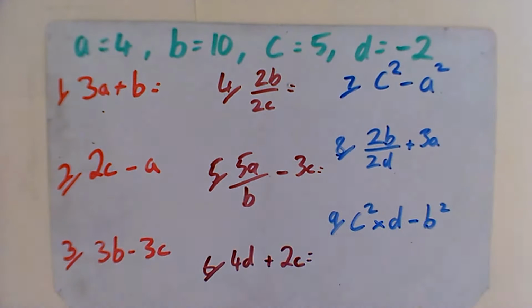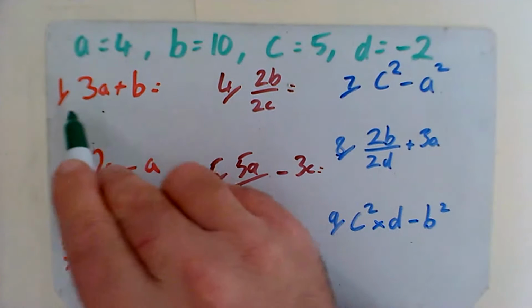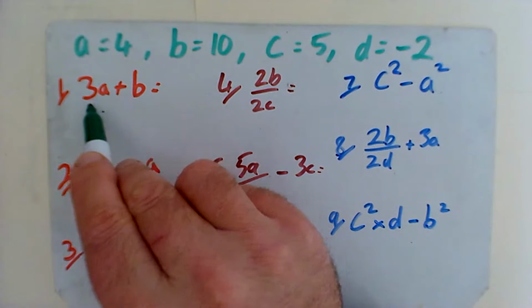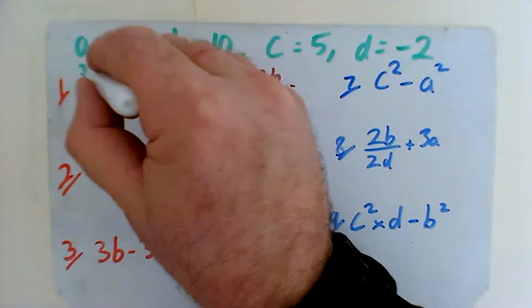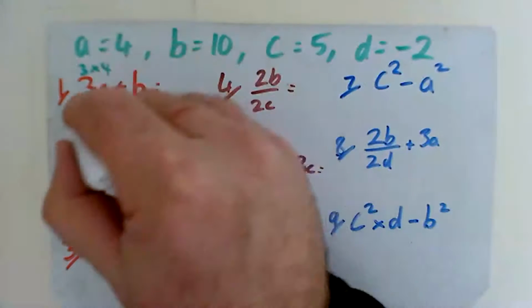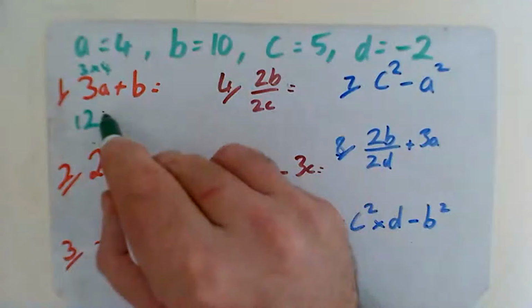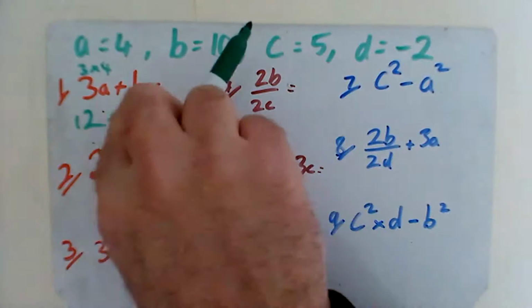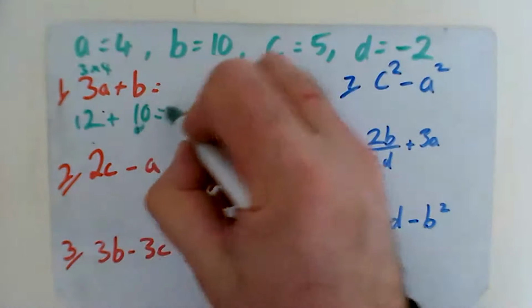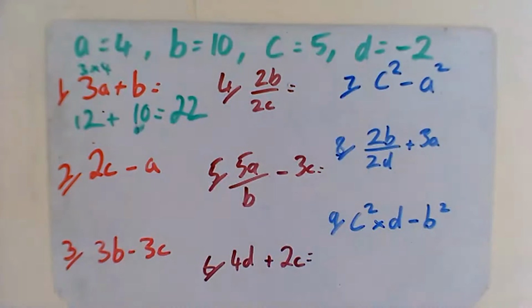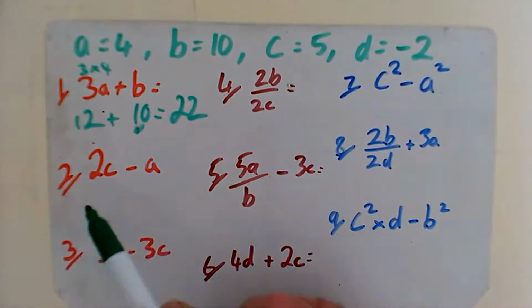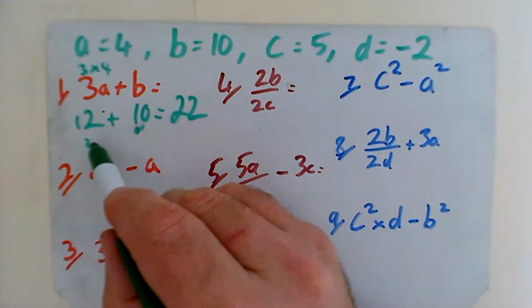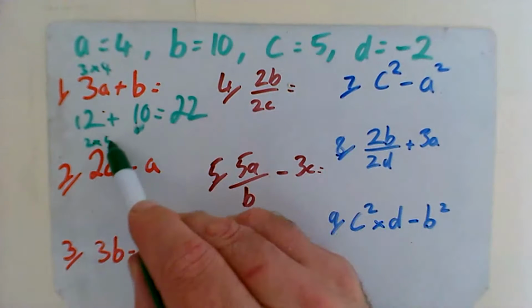Right, let's have a little look then. Okay, so we've got 3a, so this is 3 times a, so this becomes 3 times 4, and that's 12. b is 10. Plus 10, 22. So then we've got 2c. 2c means 2 times 5, doesn't it?